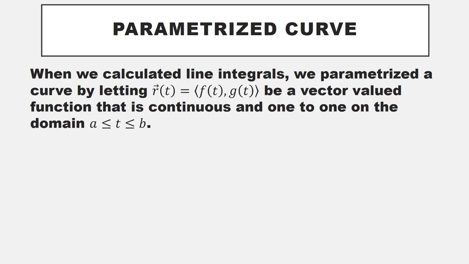And if we had a nice function, where our f of t and our g of t were continuous and one-to-one, then we would get a nice smooth curve in either R2, like I've written here, or R3.